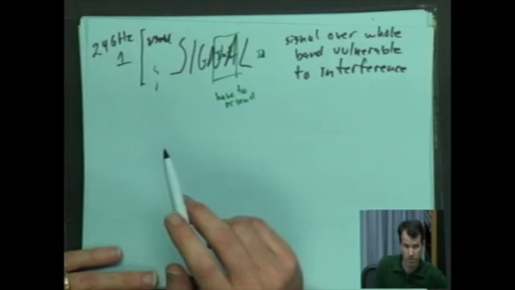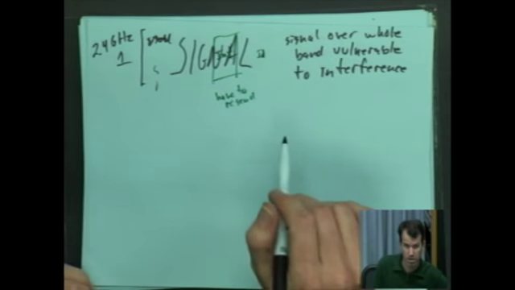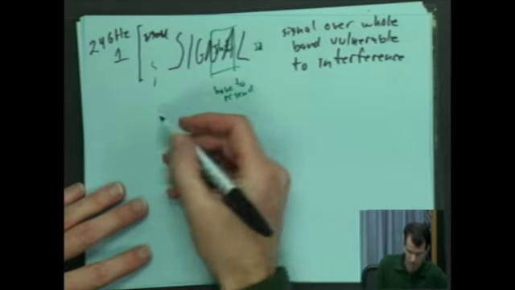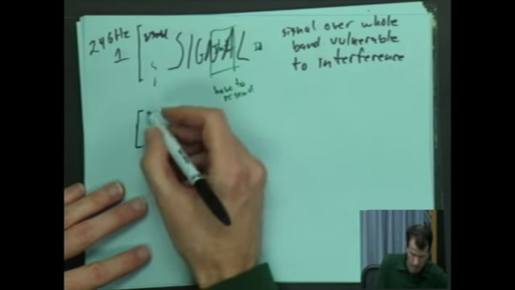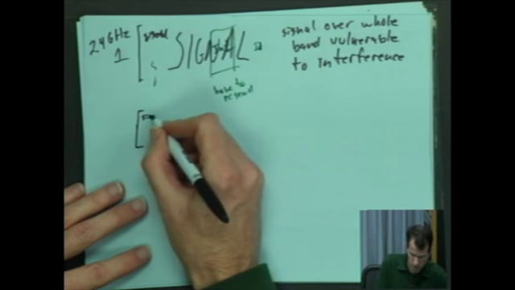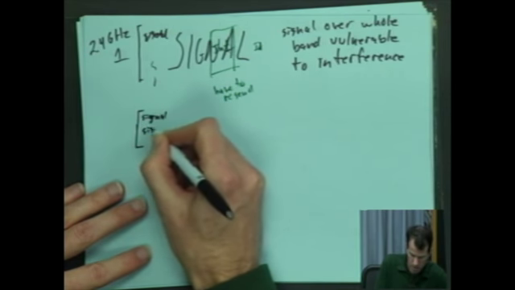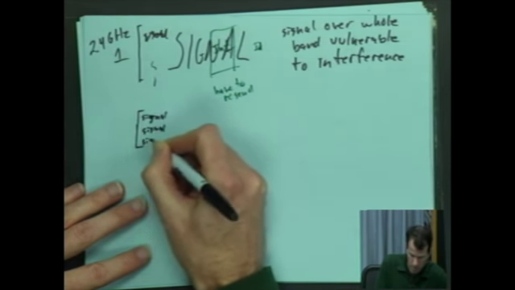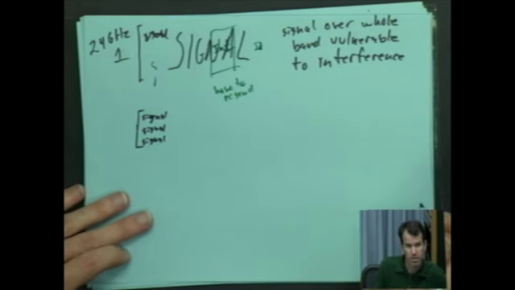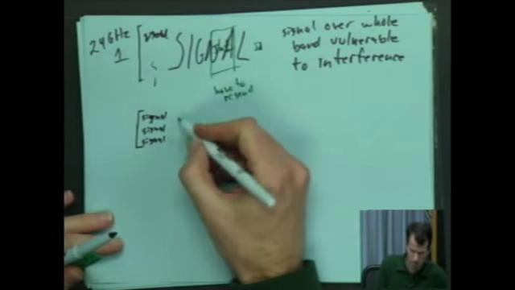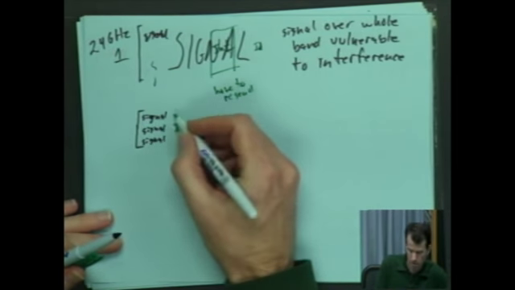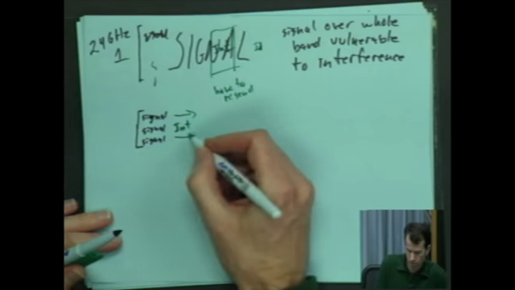So just this tiny little bit of interference means we have to resend that whole frame. Now instead of that, we could make it so we have a whole bunch of versions of our signal, and this way when the interference comes in, the signal makes it through.